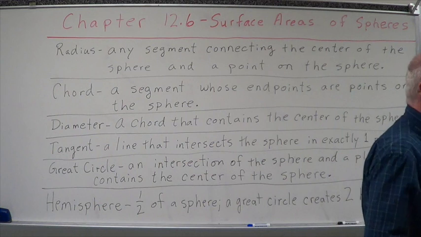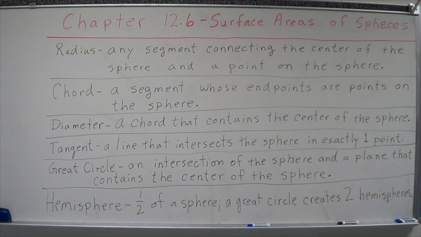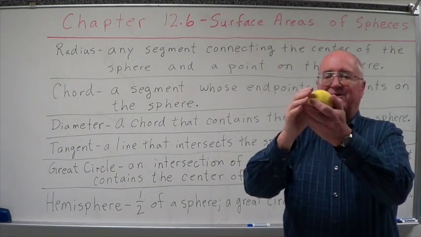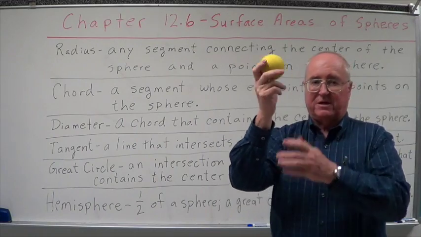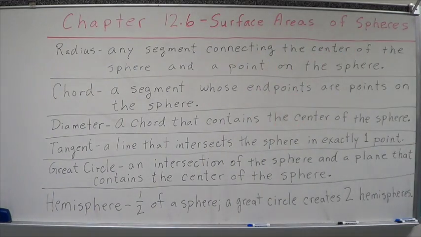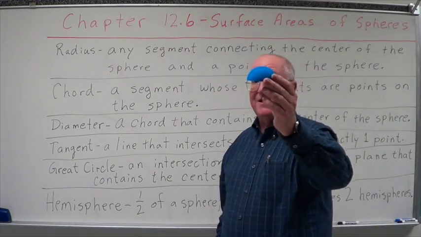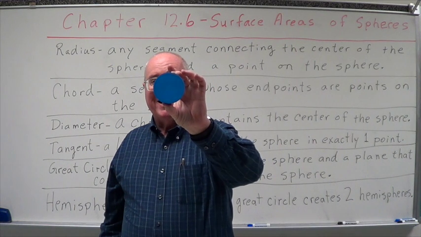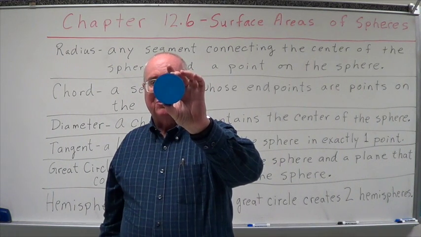Now, one of the interesting things to think about: when we have a sphere, all we have is the surface of this round thing. When we have a hemisphere, we have half of the round thing, but we also have the area of the circle.